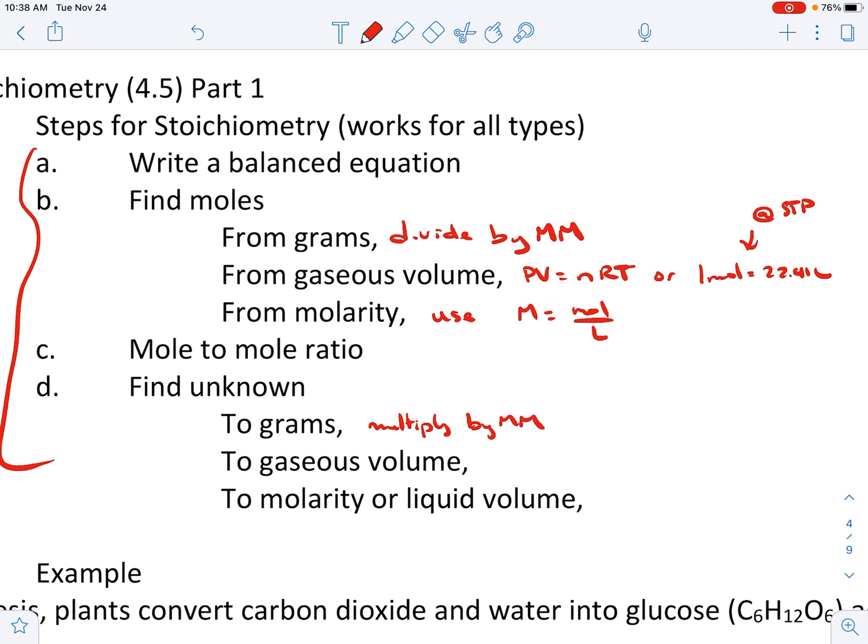To find gaseous volume, again, we could use PV equals nRT if we're not at STP, or we can use 1 mole equals 22.41 liters, and this has to be at STP again. And then to molarity or liquid volume, again, we use our molarity equation, moles over liters. This will actually be 2 videos down, the liquid volume one.